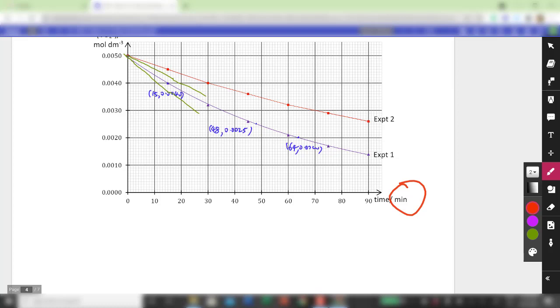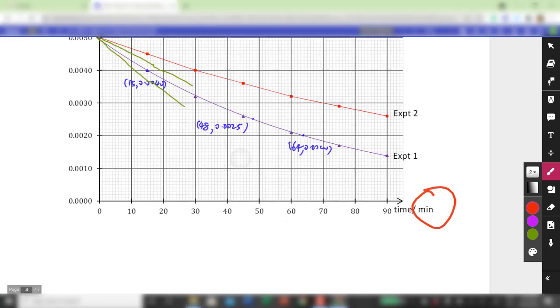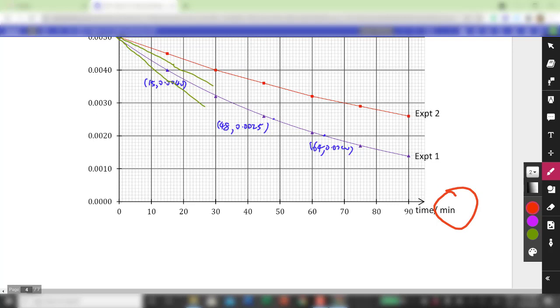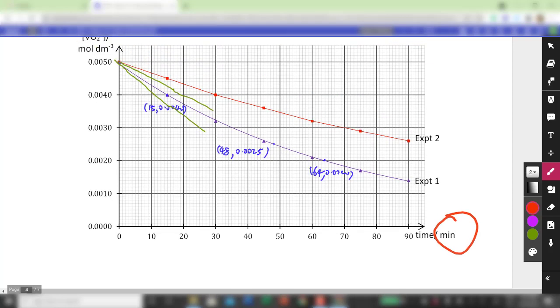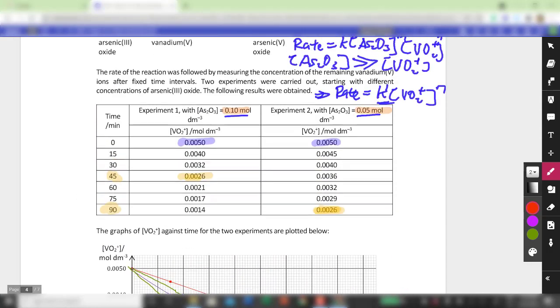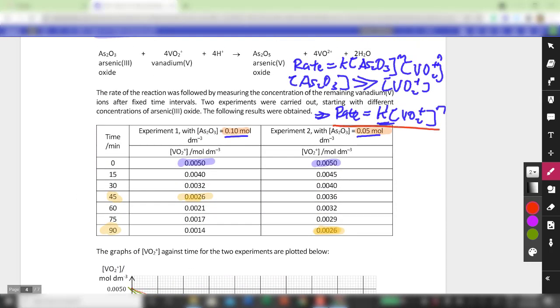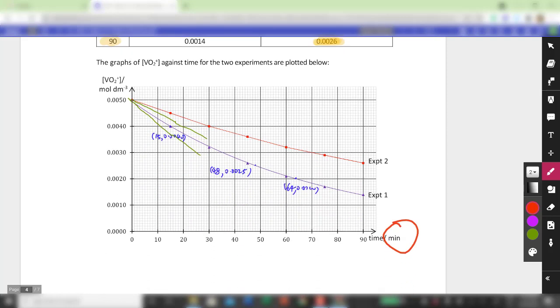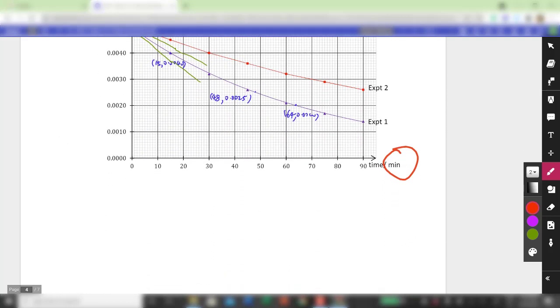There's one final thing I thought I should briefly mention, because some of the students might be thinking along a certain direction. As we have shown earlier, this is a pseudo first order reaction. Then you might be wondering, the t half being ln 2 over k, is it k or k prime?